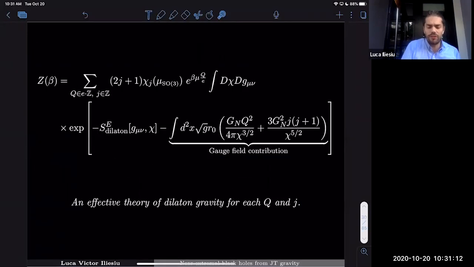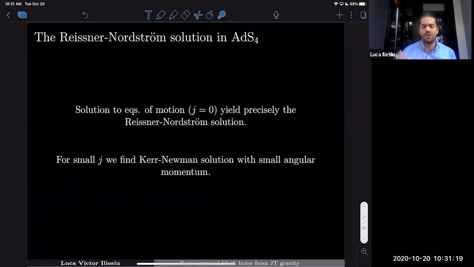And one can take this new action that explicitly depends on charges and angular momentum, and actually solve the equations of motion. What one finds, which is kind of funny, is that if we solve the equations of motion for j equals 0, we'll find that the dilaton has some profile, and the 2D metric that is part of the 4D ansatz that was left general also has a profile, which precisely matches the Reissner-Nordstrom solution that you typically find in GR books.